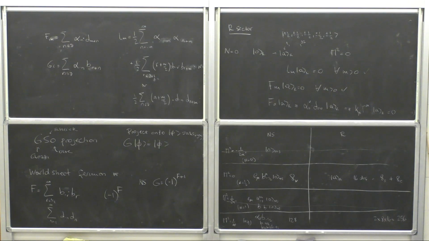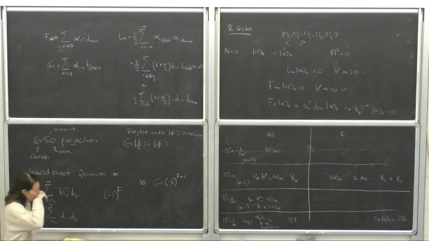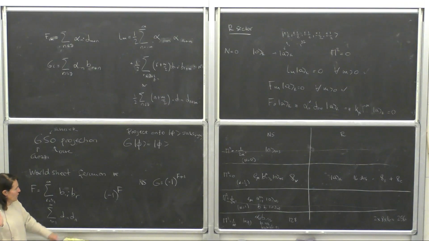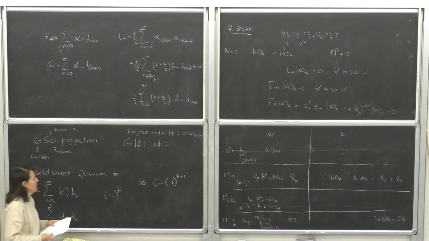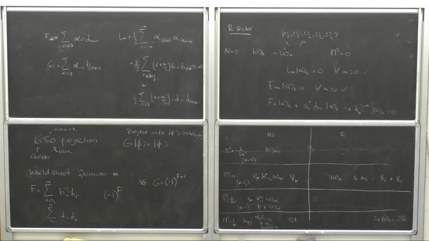But it won't always be consistent. You're right that there is another operator. In the heterotic theory, for example, you can cut in a different way, and you get the non-supersymmetric heterotic theory.